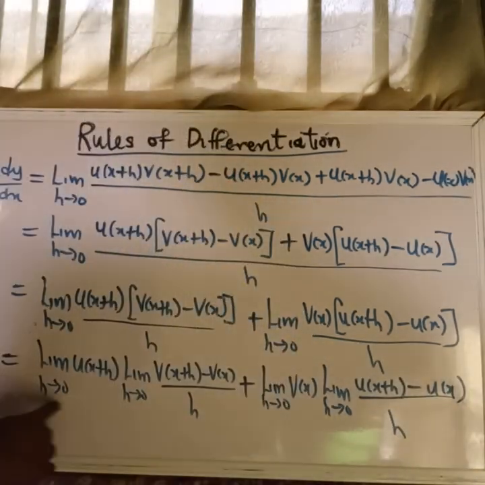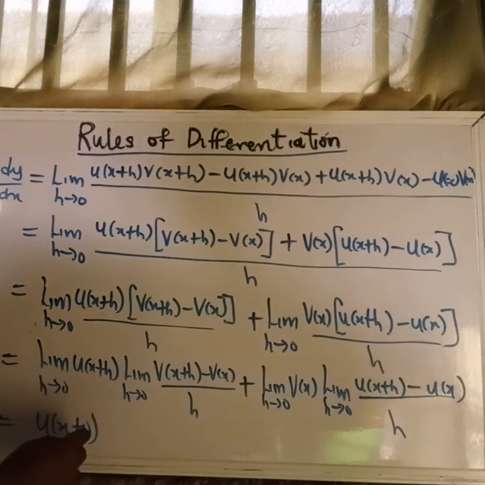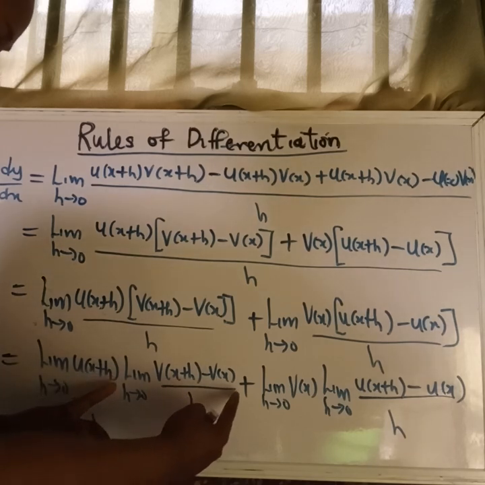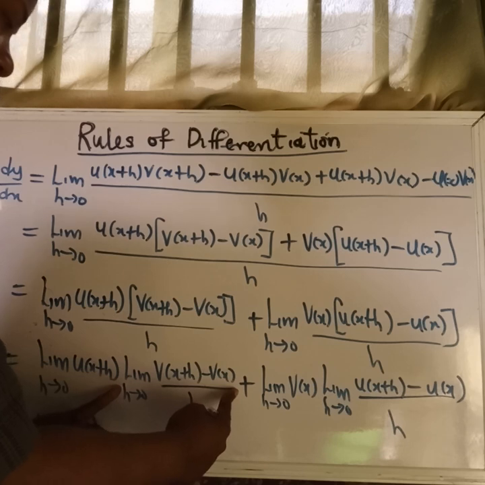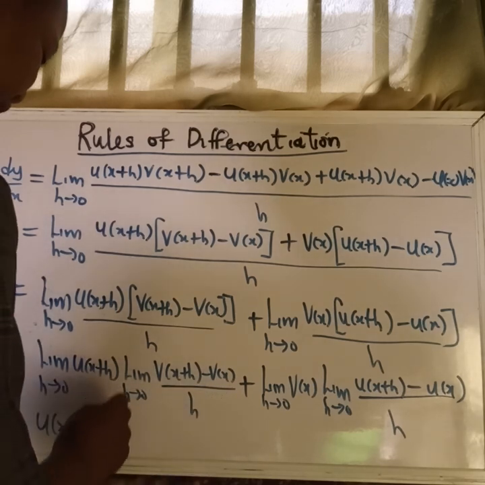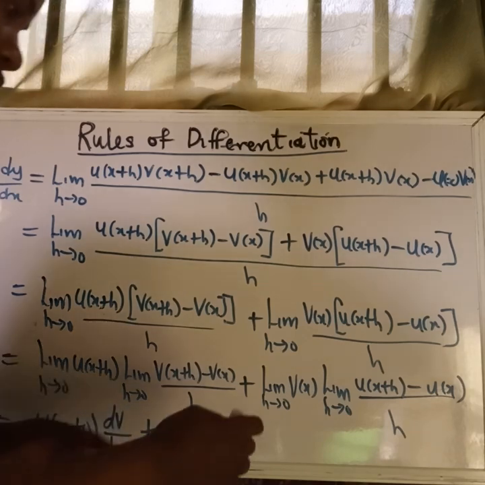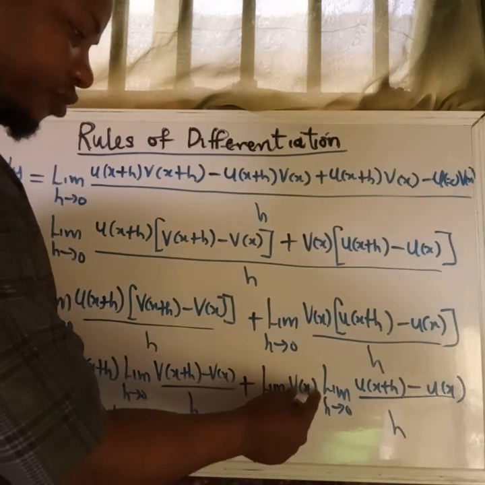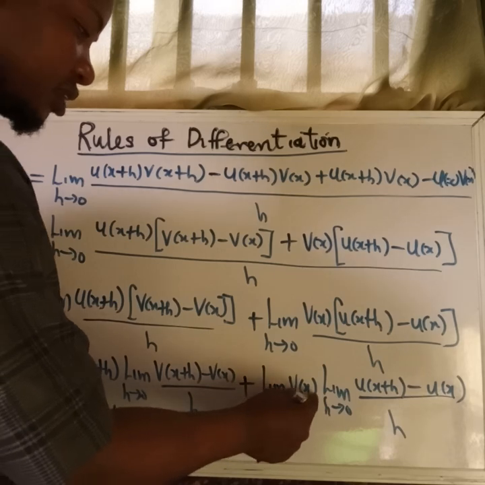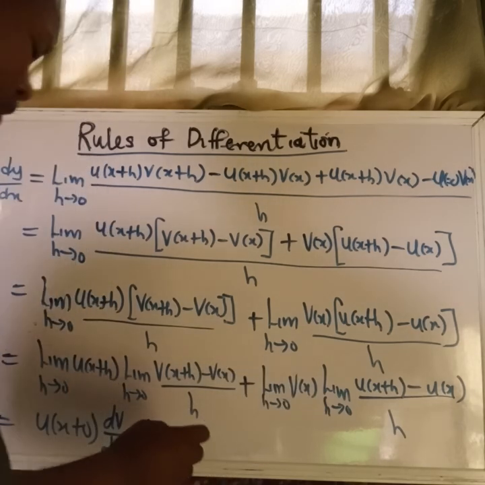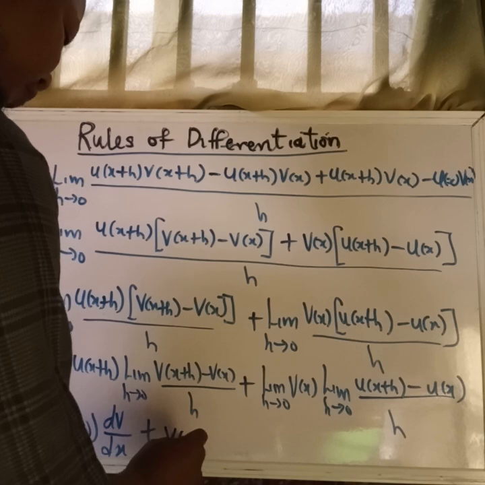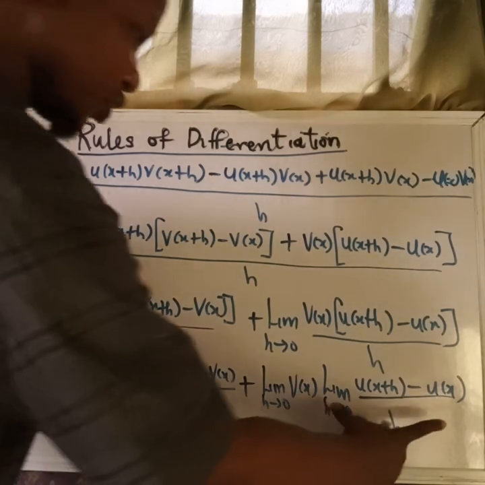If you apply the limits to this, this becomes u of x plus 0, and looking at this, it has a meaning. This means the derivative of v with respect to x, that is this. And also this limit will not affect v of x, as we have said earlier, since this is independent of h. So this becomes v of x, and this also has a meaning.